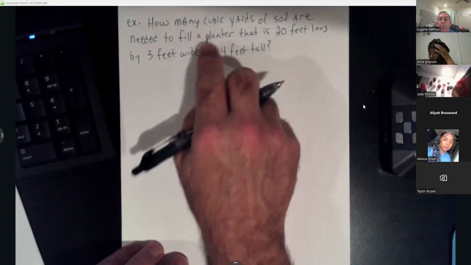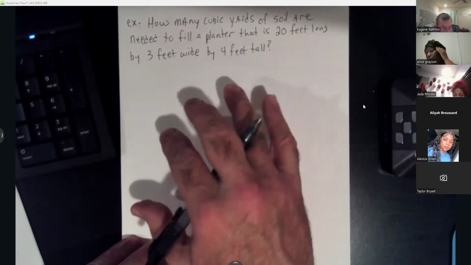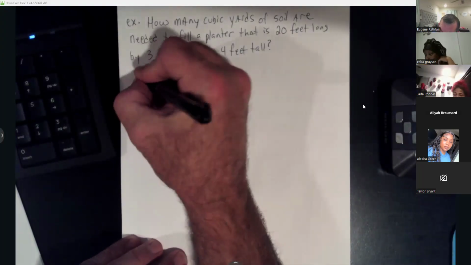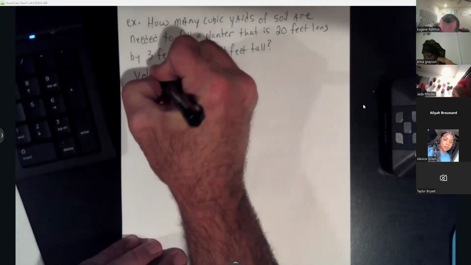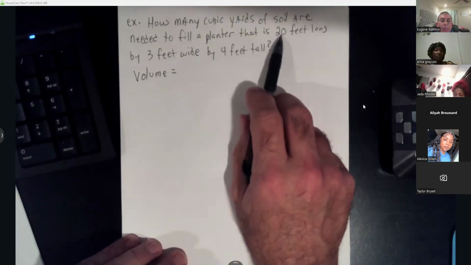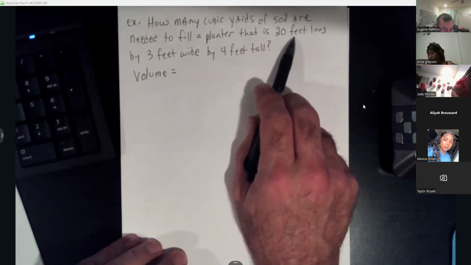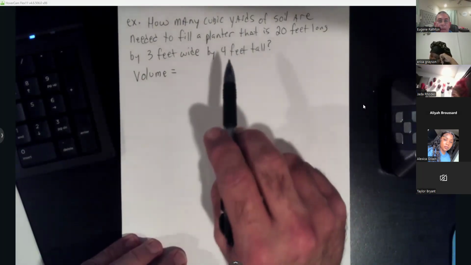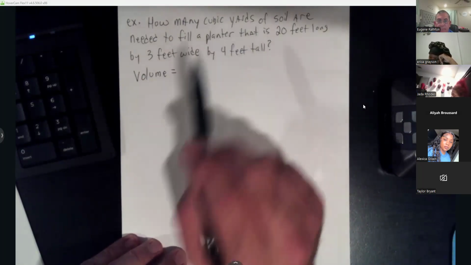So cubes deal with volumes more, like I said. So first of all, we're going to find the volume. Once we find the volume, we'll be in cubic feet. Okay, and then we'll convert that into cubic yards.